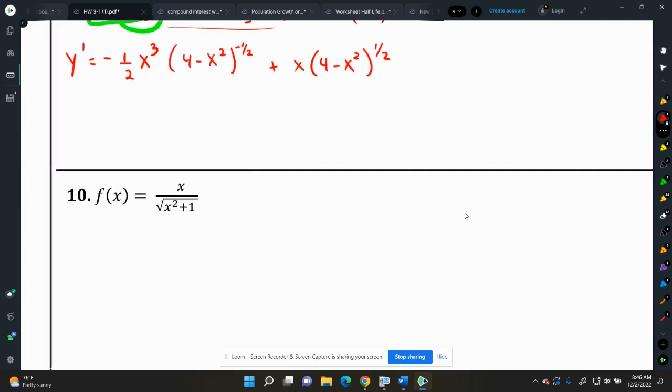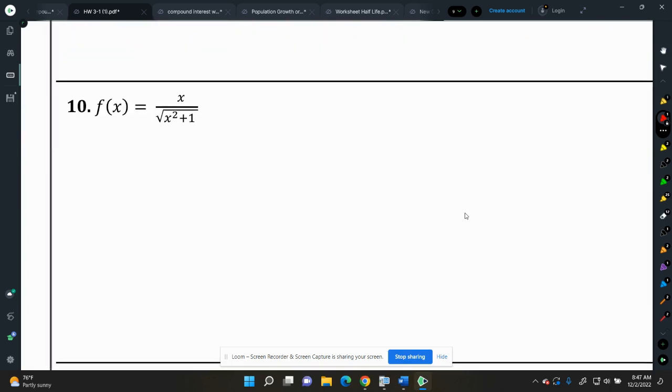All right, number 10. Do you want to do low-D-high or product rule? Okay, so let's rewrite this. This equals x times x squared plus 1 to the negative 1/2.